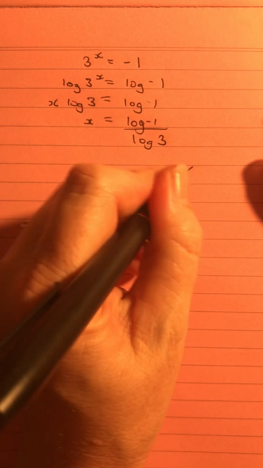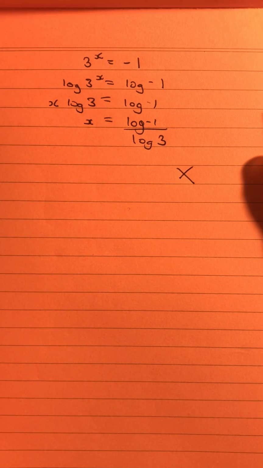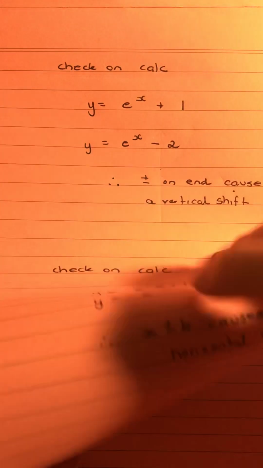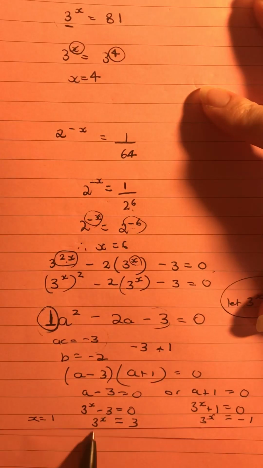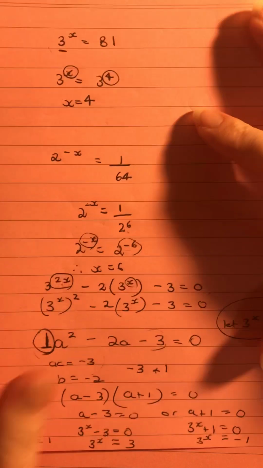So we can't get a solution that way. So our only solution is the one that we got there. Oh, lost my page. It's back over here. So getting that 3 to the x equals 3, our x is equal to 1.